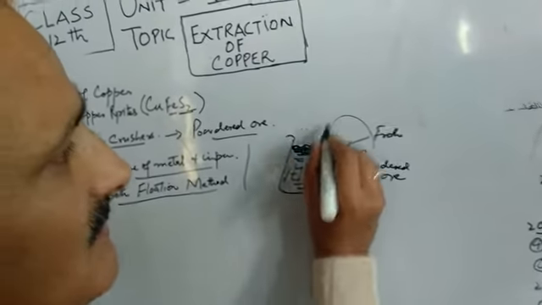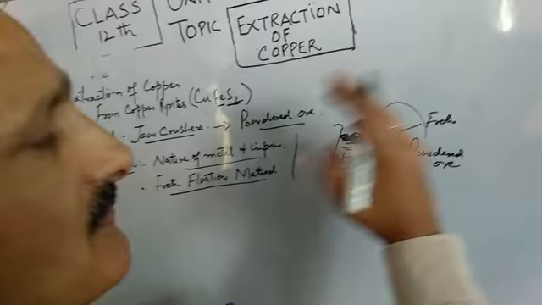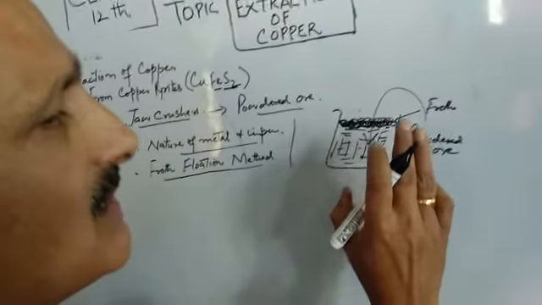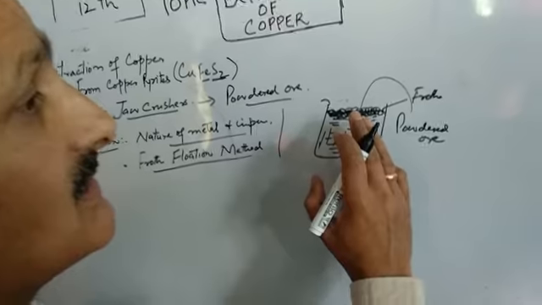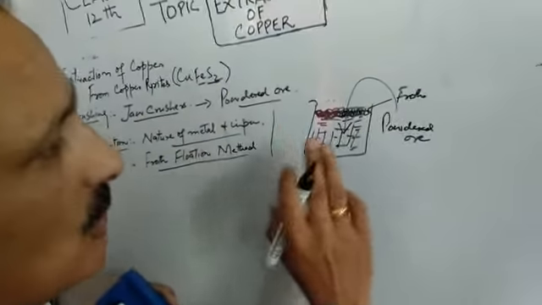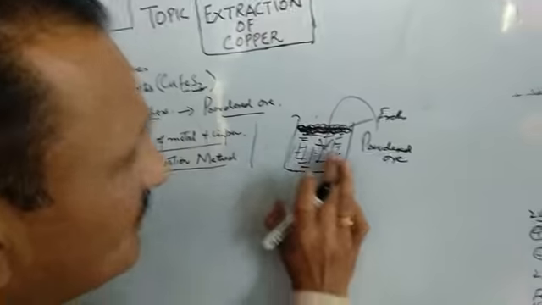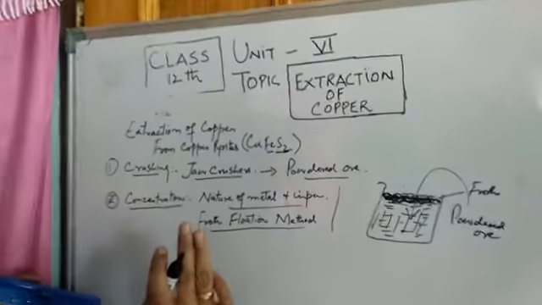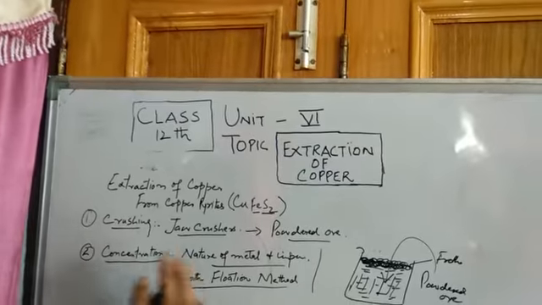So this froth can be removed, and once we remove the froth, sulfur gets removed, though not completely, but to some extent sulfur gets removed from the powdered ore. Now this remaining part is taken for further extraction. So this is all about concentration of this crushed ore.